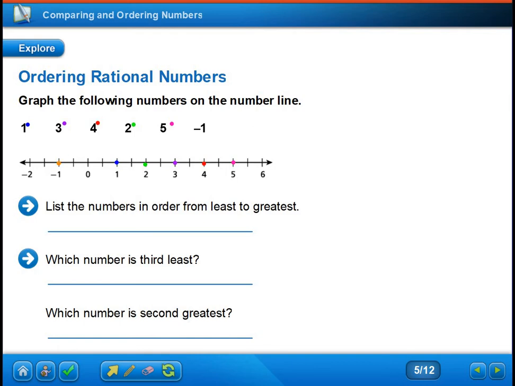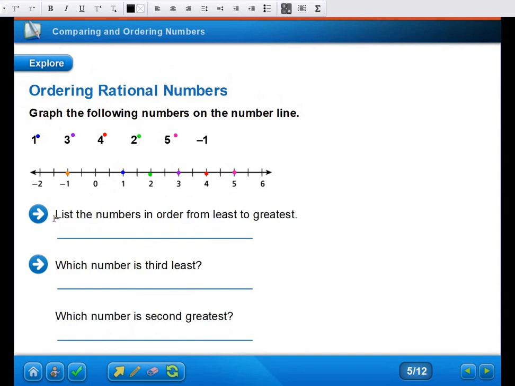All right, so again, we're going to list the numbers in order from least to greatest. So the number that is the least is going to be the number that's furthest to the left. So if we use a number line, we can just look at the numbers and write them based on the number line. Now we can't do it from our list of numbers, we have to do it based on the number line.